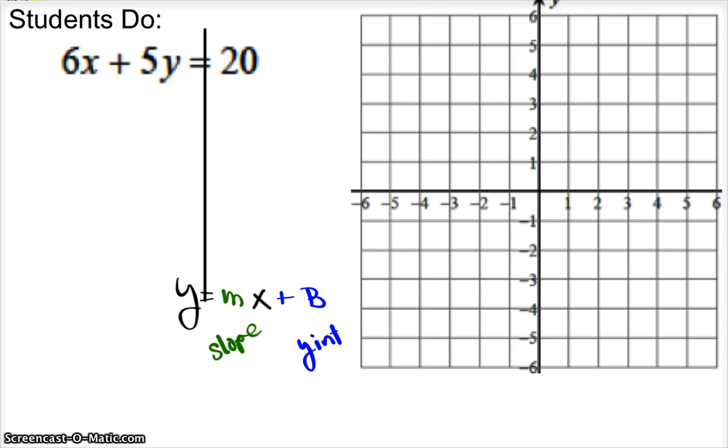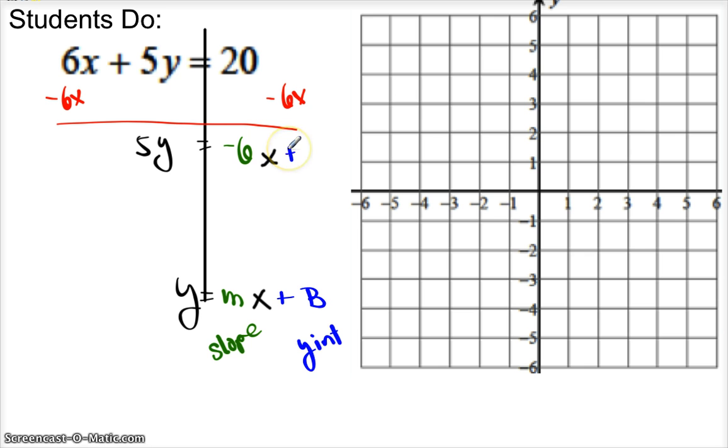This is what we call standard form. So we'll change standard form. Minus 6x, minus 6x. And then we'll have 5y equals negative 6x plus 20. What you know now, like before, I'm starting to get down towards my goal. Y is by itself.